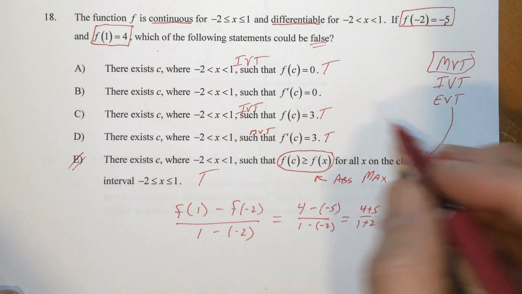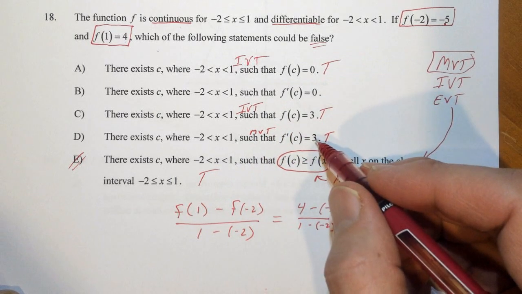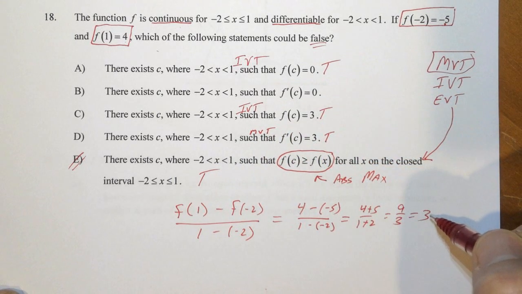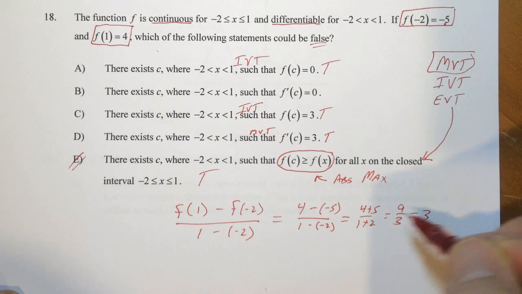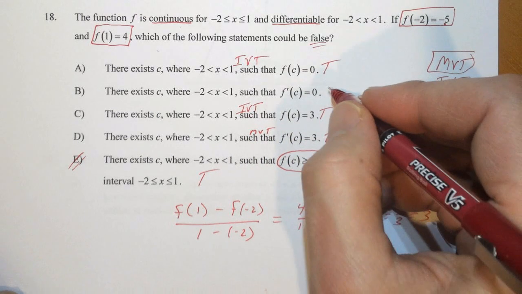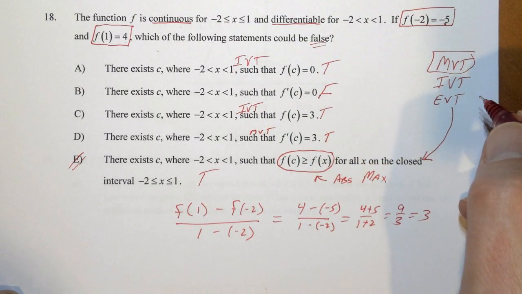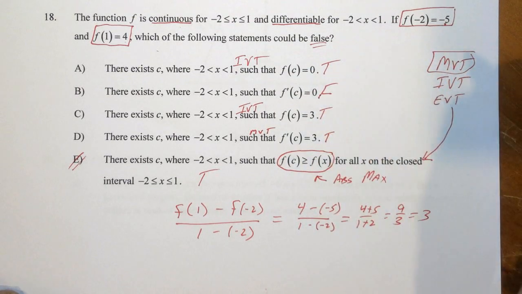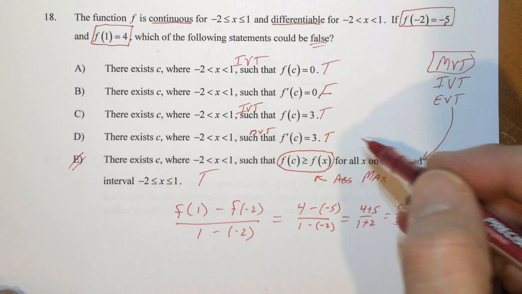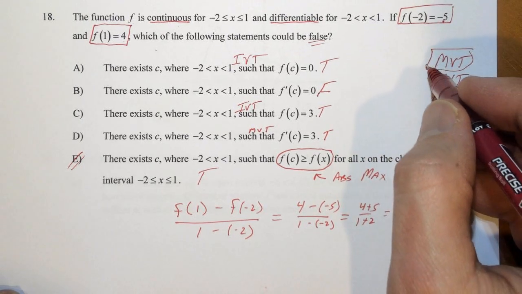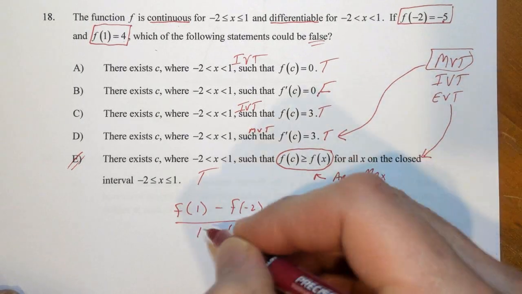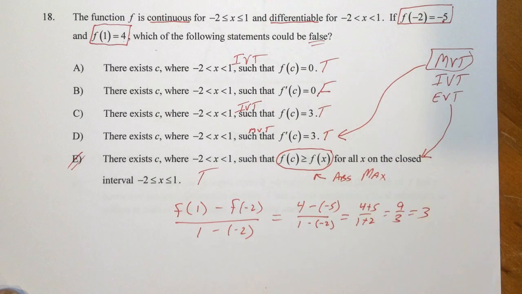But 3 is the only number that the mean value theorem guarantees, because we did the average rate of change. The average rate of change did not produce a 0, so this one could be false. The derivative might be 0, but it might not. The mean value theorem only guarantees that the derivative will be 3, because that's what the average rate of change produced.